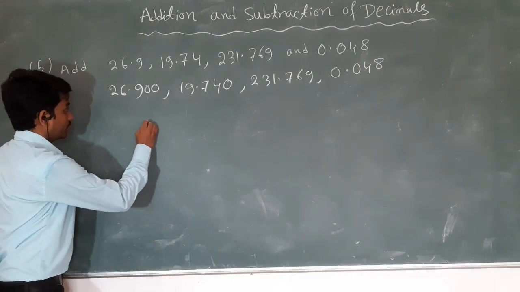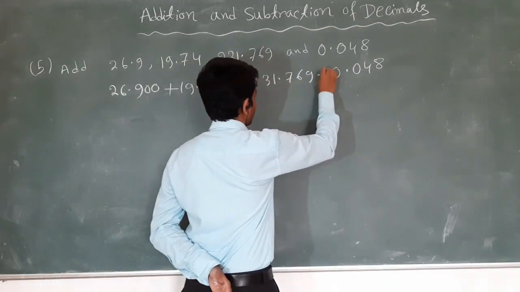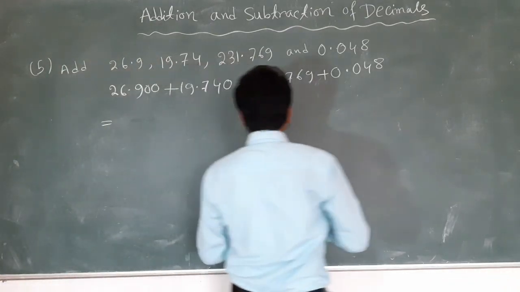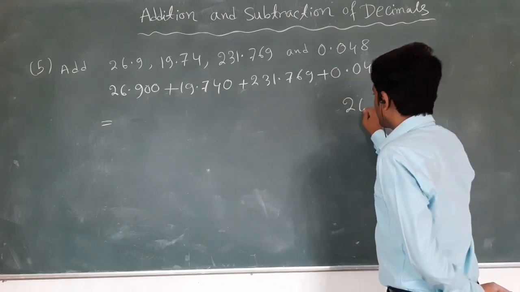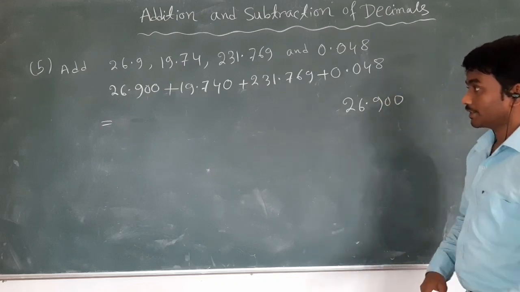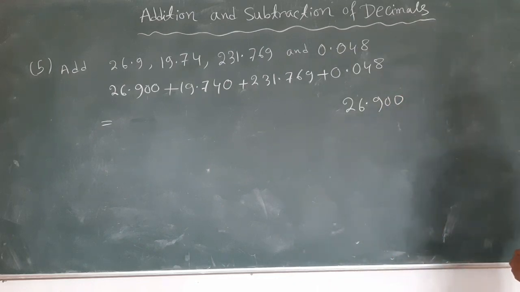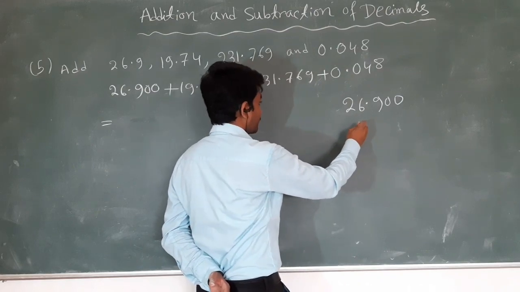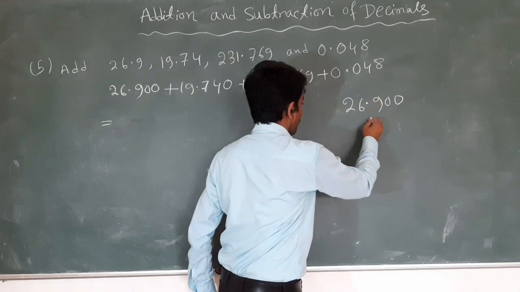That is, first we write the first decimal number, 26.900, and next we write the second decimal number below the first decimal number, keeping the decimal point in the same column.